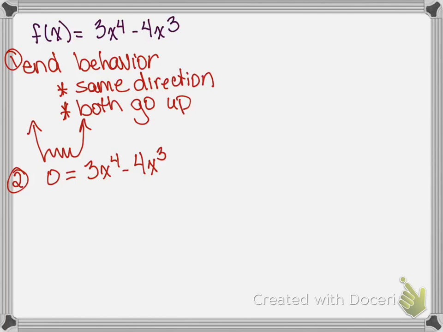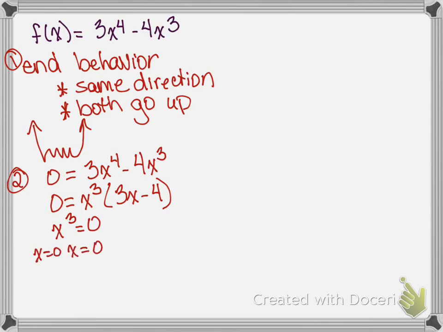Okay? So I'm going to factor this. What can I factor out? X cubed. Isn't it nice that we can factor out x cubed? We're going to have some multiplicities there, aren't we? So I've got x cubed equals 0. That's the same thing as x equals 0, x equals 0, and x equals 0.